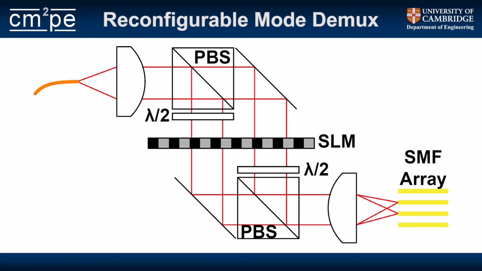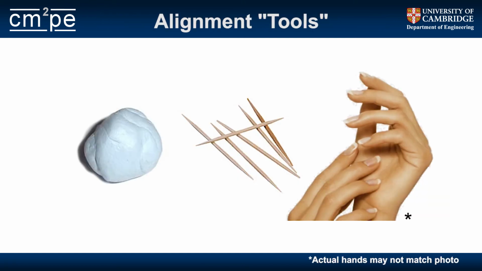Now obviously that's very precise work, and for precise work you need precise tools, and that's why I use the following items for alignment. You've got blue tack, of course, toothpicks, and my bare hands. You won't find any of those items in the Newport or Thorlabs catalogs, and that's because they have no place in optical alignment.